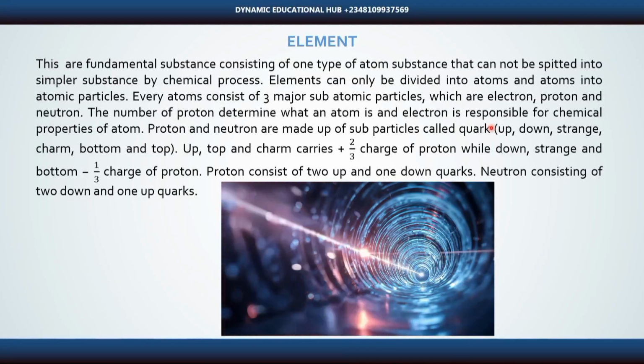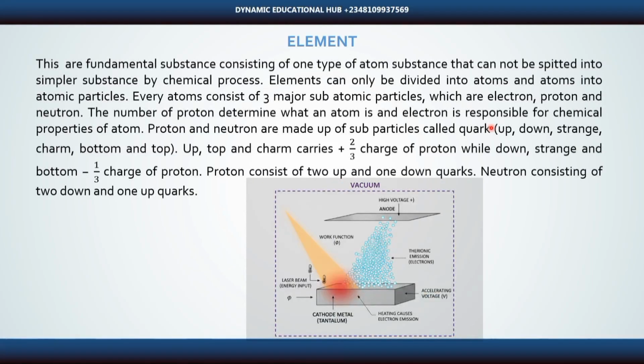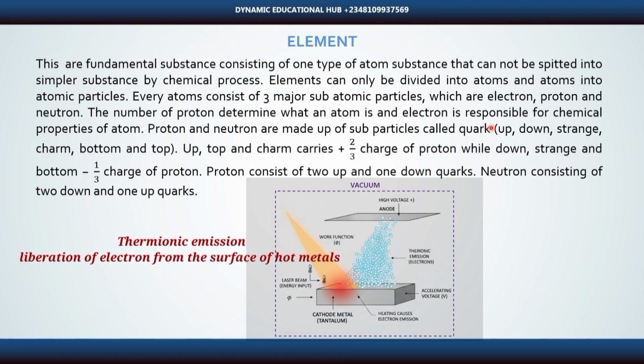An electron can break off from the atom of certain elements, like metals, when you expose them to heat energy. That process is known as thermionic emission. It's the liberation of electrons from the surface of hot metals.